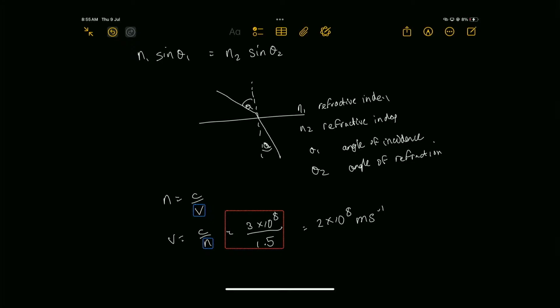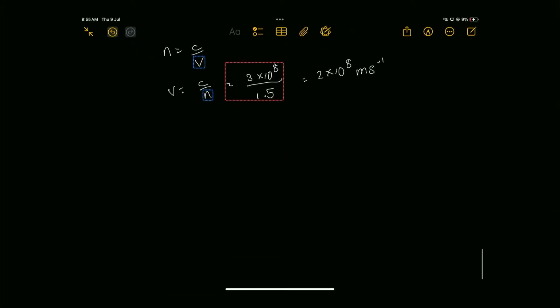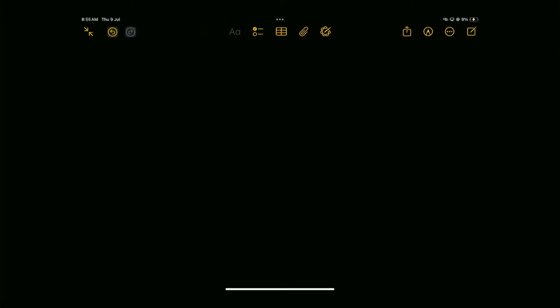Part C. An object is situated 2 meters to the left of a thin bifocal lens of focal length 25 centimeters. Draw a ray diagram that includes the position of the object relative to the lens, the image position, the focal length of the lens, and the principal axis. So the first thing, let's draw the lens. Then after, draw the principal axis.